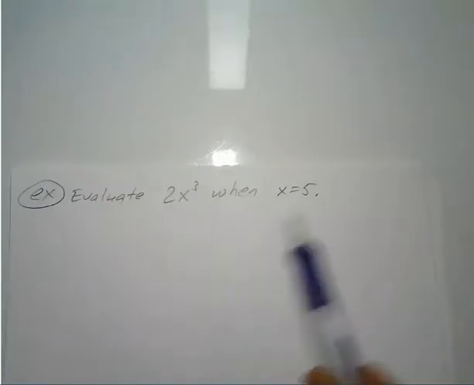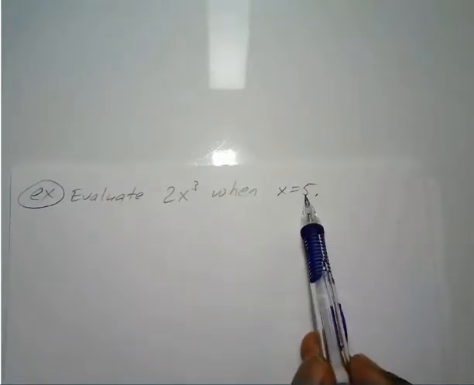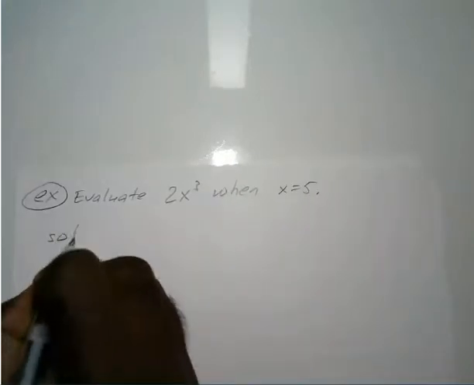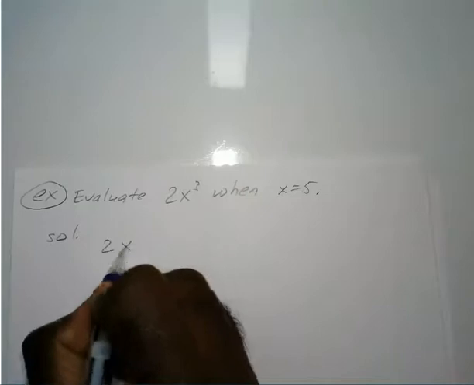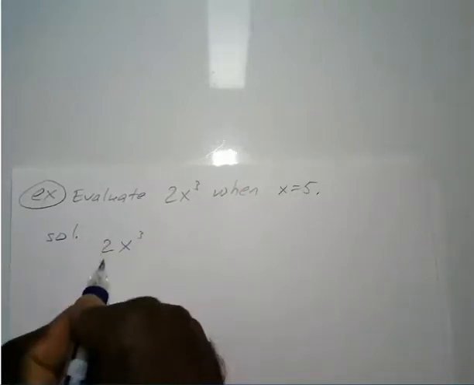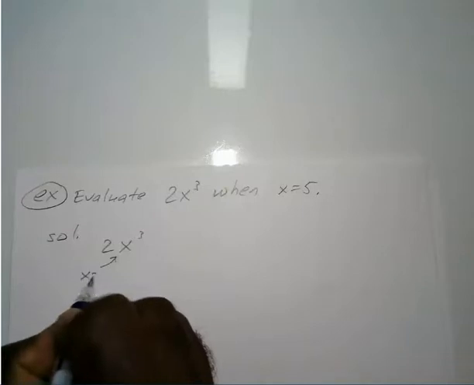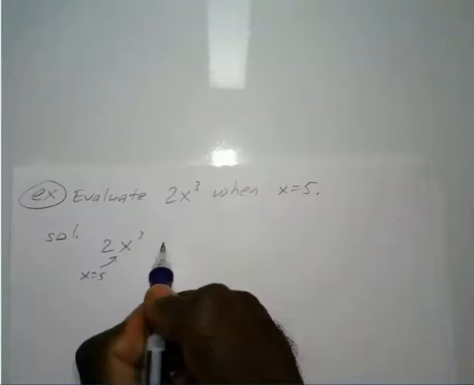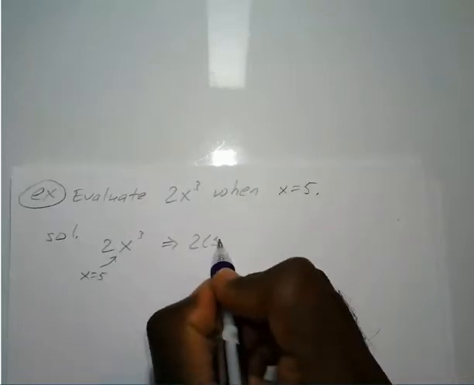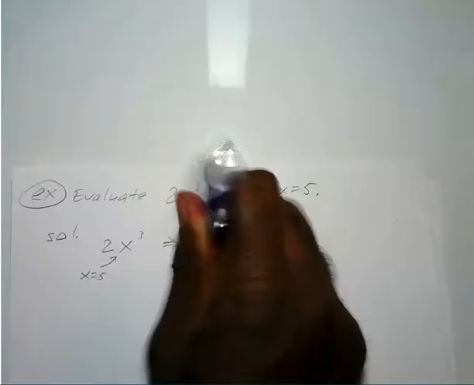Okay, so basically what they're doing here, they're telling us what value they want x to become. So 2x to the third power, remember x is equal to 5, that will just become 2 times 5 to the third power.